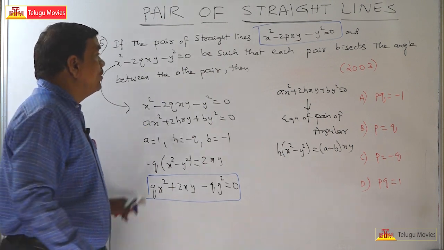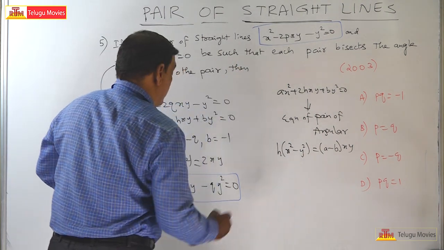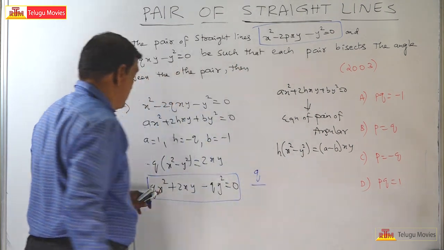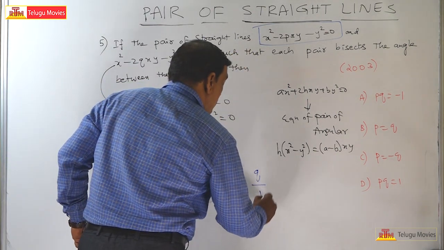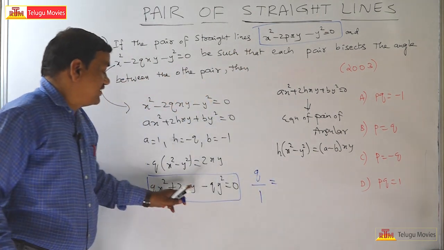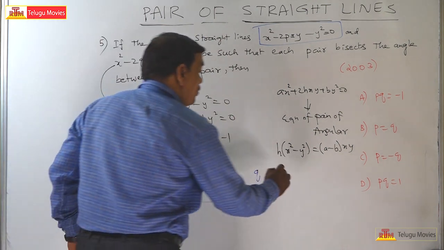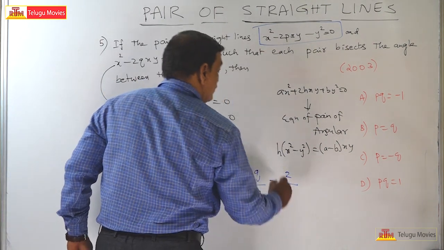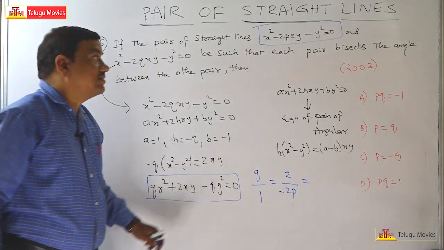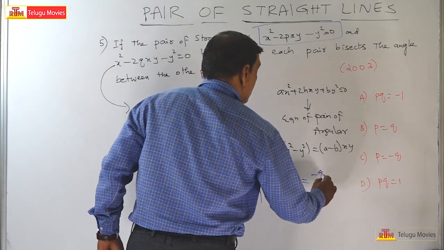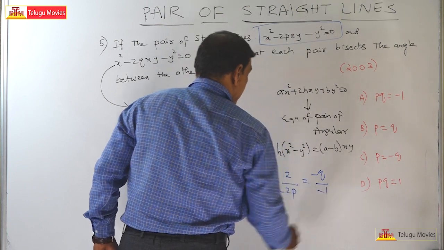So the x square coefficient is q here and 1 here, is equal to the xy coefficient, 2 here upon minus 2p here, is equal to the constant, minus q here and minus 1 here.